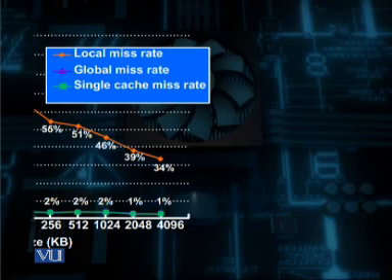Here the L2 unified cache is assumed to be two-way set associative with least recently used replacement policy. Note that the miss rate of global level caches and the single level caches is identical, but the local level caches have extensively high miss rate for smaller sizes.